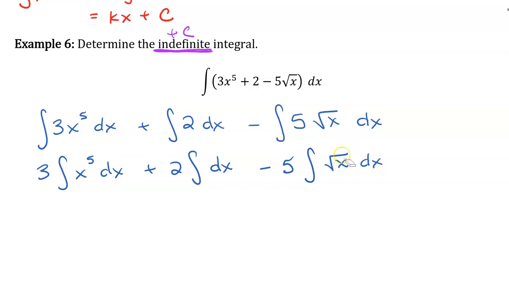We can rewrite the square root of x as x to the 1/2 power, and we can apply the integral power rule. So remember, the integral power rule means that we're going to go up a power. We'll be dividing this time. There we are. If we don't see a number, that number is 1, so an x appears.